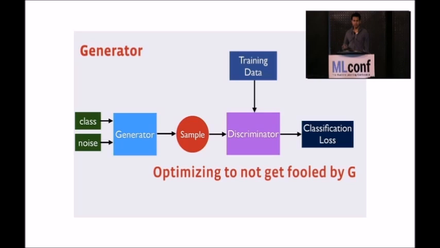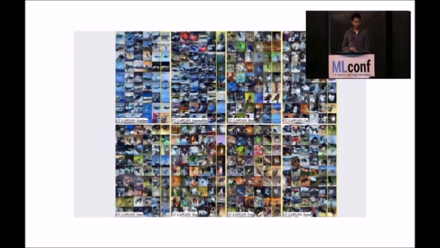You don't even add anything to the cost function to do with generating classes, for example. And this worked really well. So with the same model, when you ask it to generate airplanes, it generates different airplanes. When you ask it to generate automobiles, it tries to do that, and so on.